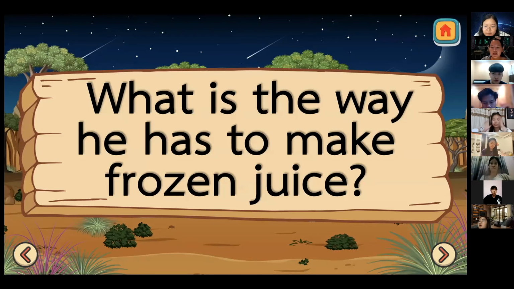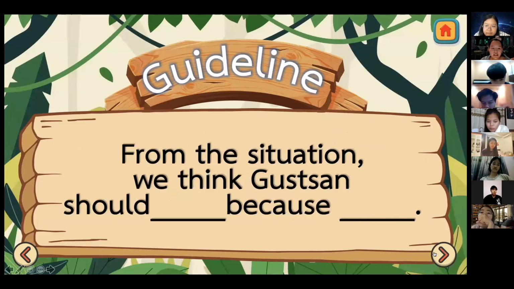Okay. Everyone go to the breakout room and, okay, I forgot this. This is the guideline. You can use this guideline to present to your friends. Like, from the situation, we think Gatsang should do something because... Did you understand about this? Yes. Okay, everyone.